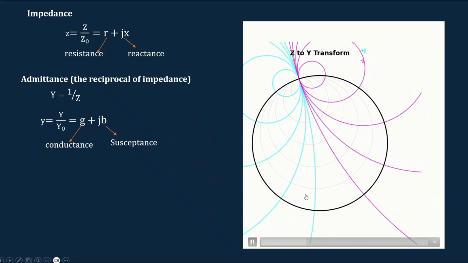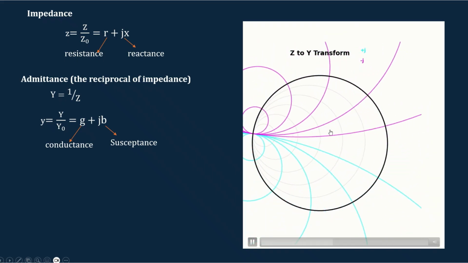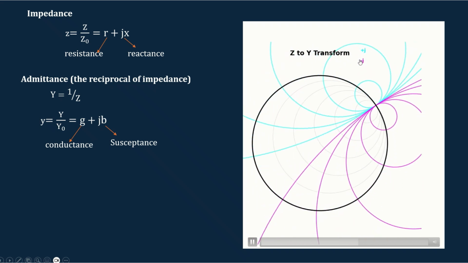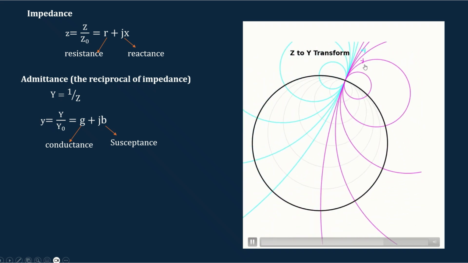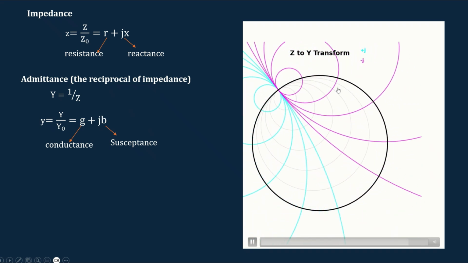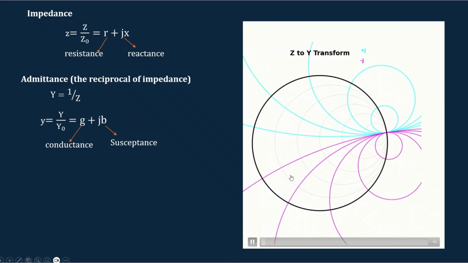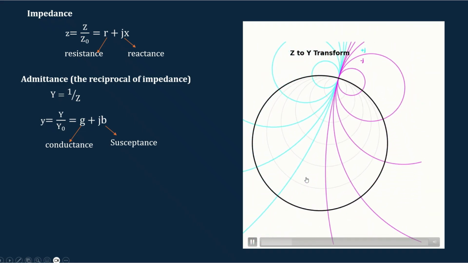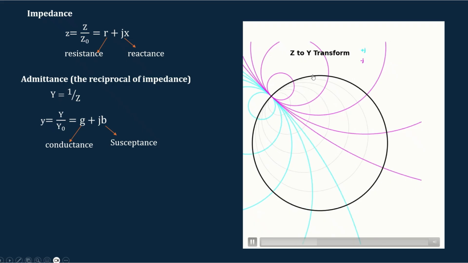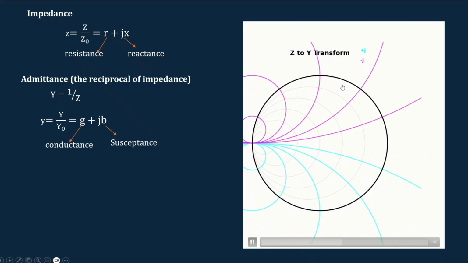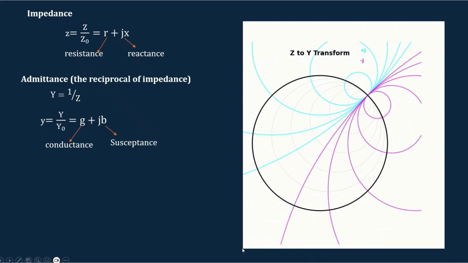Now we can see that when it is rotated, the negative j value comes on the top and the positive value comes below. So in the admittance chart, the axis above is negative and the axis below is positive.